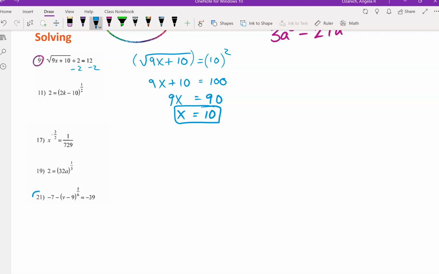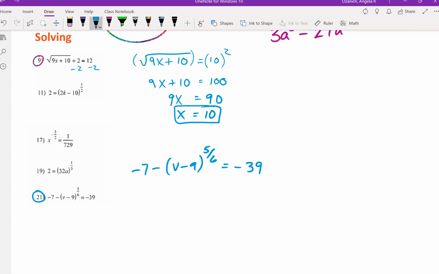Another one we could try would be something like question number 21 here. And again, this time we're isolating the expression that is being raised to the 5/6. So let's start that one right here. B minus 9 raised to the 5/6. And again, one of the strategies we want to use every time is to isolate this value that has the exponent.